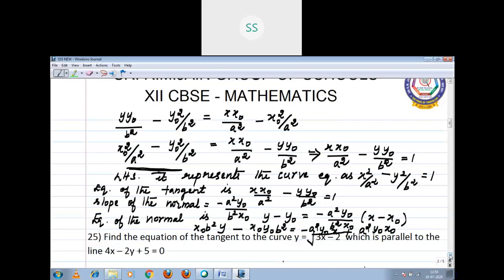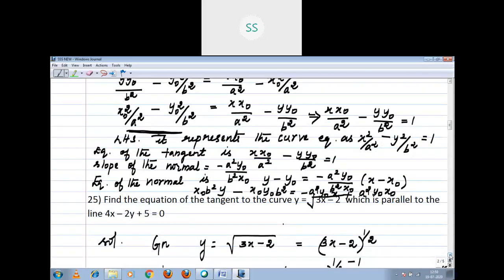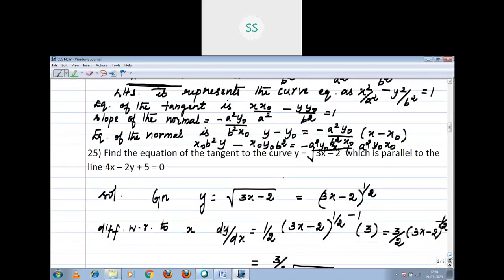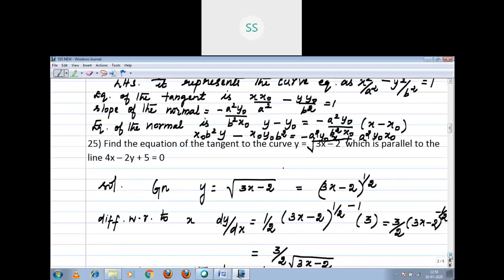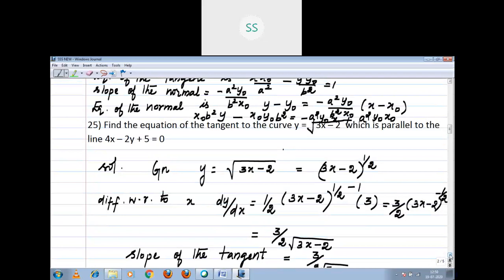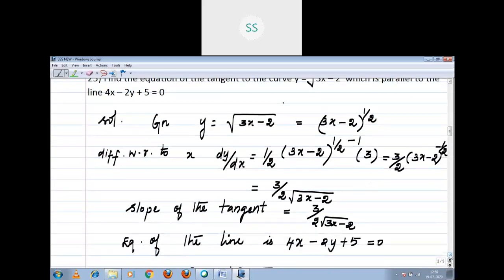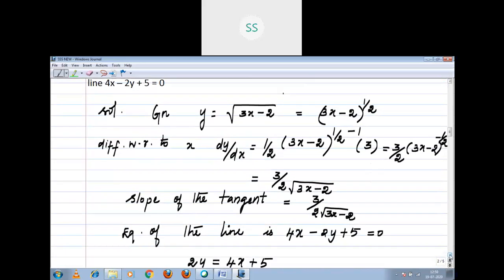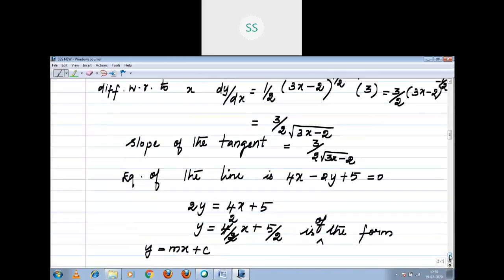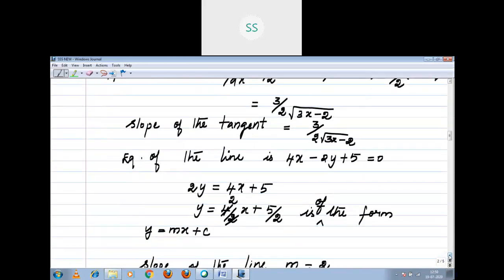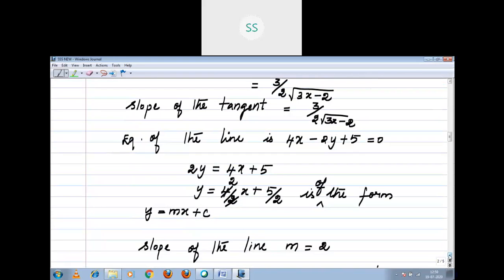Next, find the equation of the tangent which is parallel to the line. The parallel condition will help you to solve. First, you differentiate. You arrived at the result 3 by 2 into root of 3x minus 2. The equation of the line is given, that you modify in terms of y is equal to mx plus c. Here your slope of the line is 2.